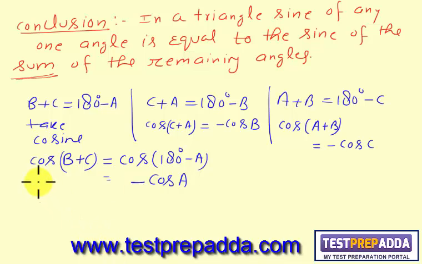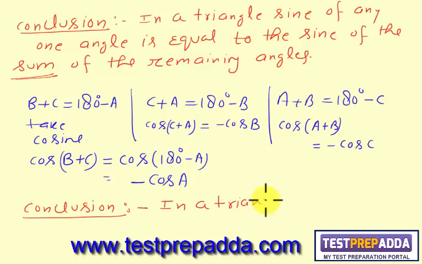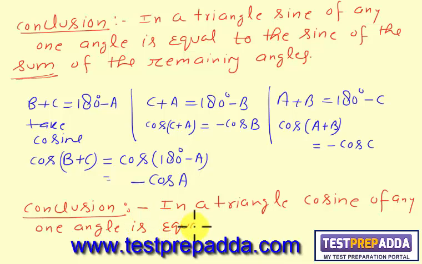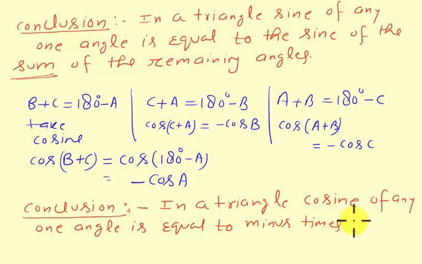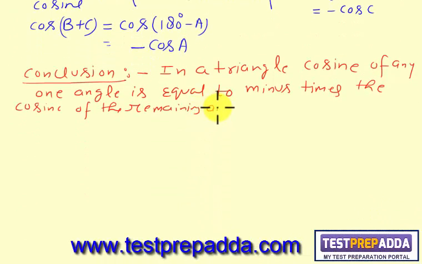Another conclusion which can be written here: in a triangle, cosine of any one angle is equal to minus times the cosine of the remaining angles.